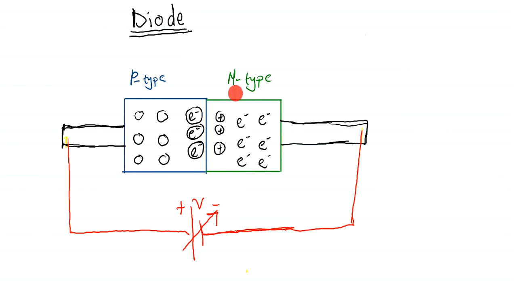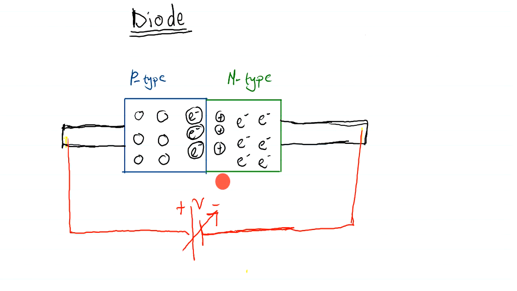In the N region, we know we have many free electrons. In the P region, we have holes. These are our holes. So as you might remember from the first slide, we said a diode is an electronic device which will turn on and turn off depending on how a polarity is applied across its terminals.